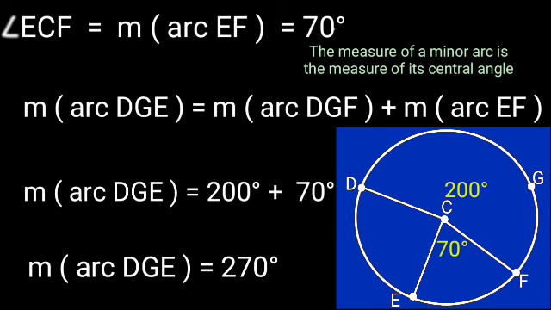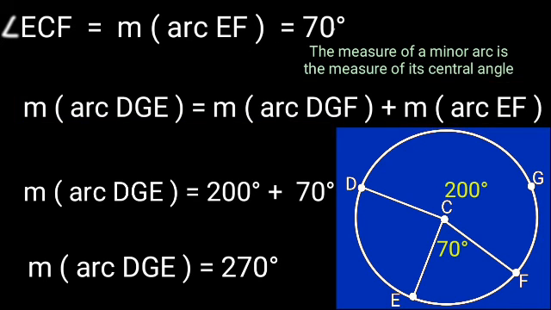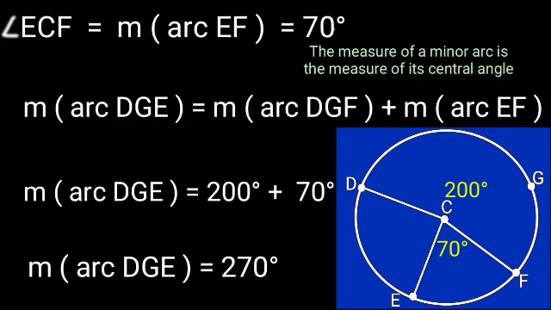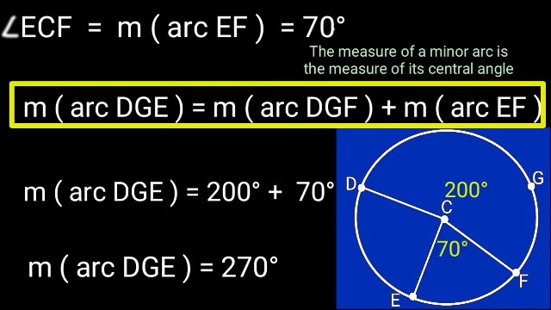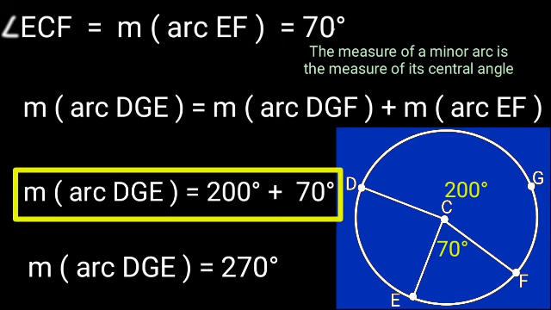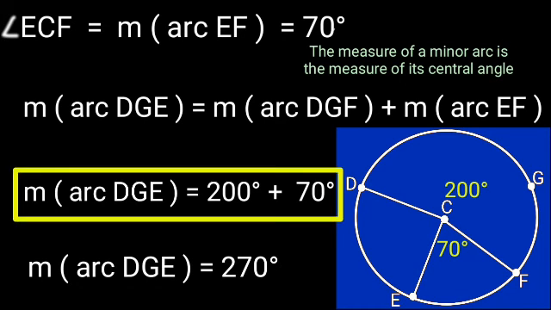Hence, measure of arc DGE is equal to measure of arc DGF plus measure of arc EF. Substitute the values, then we get measure of arc DGE is equal to 200 degrees plus 70 degrees.